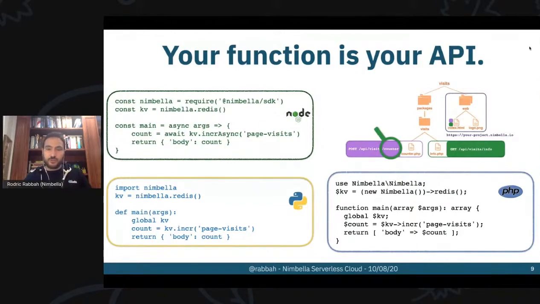Everything that you need to deploy this project is exactly what I showed you in the illustration. Just your code. There are no secrets for how you get your Redis instance. It is a service that's running in the Nimbella Cloud, but it's configured automatically for you, and it's dedicated to your project and your functions. So others cannot use it. It's dedicated to you. And in fact, it's not even accessible from the outside through APIs directly.